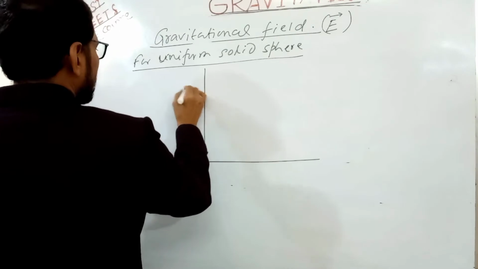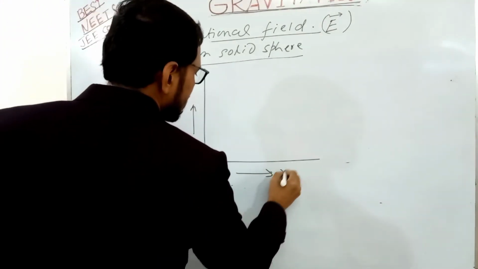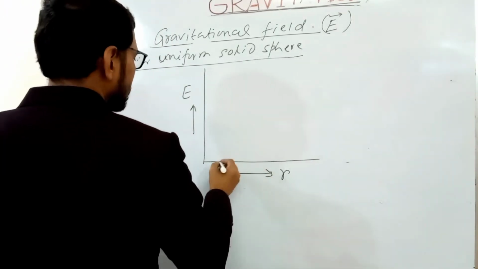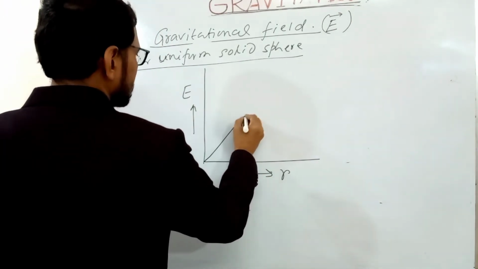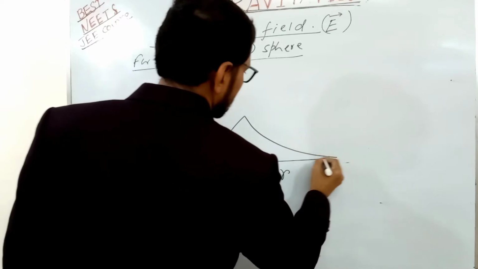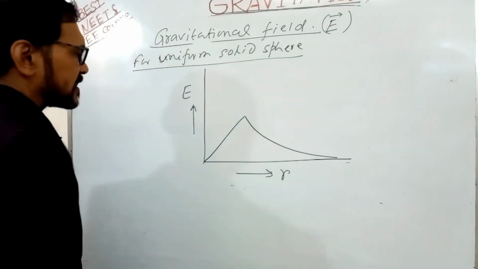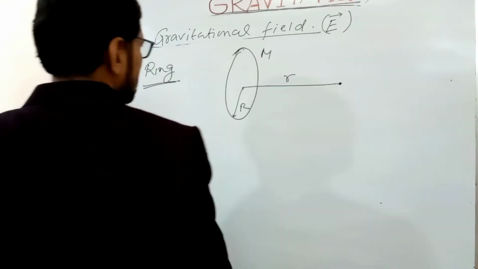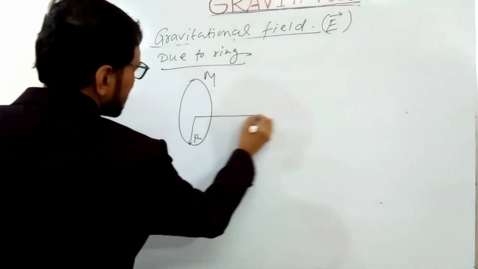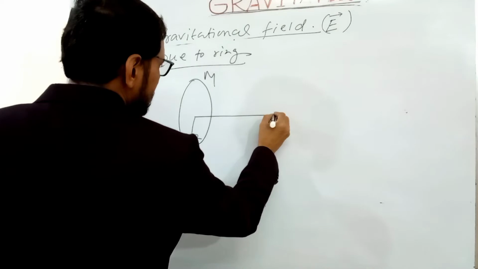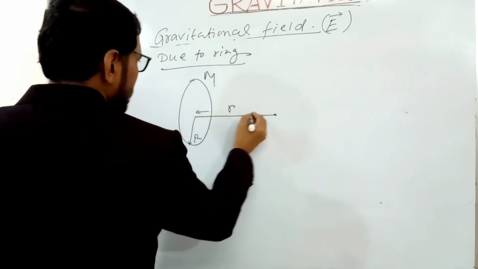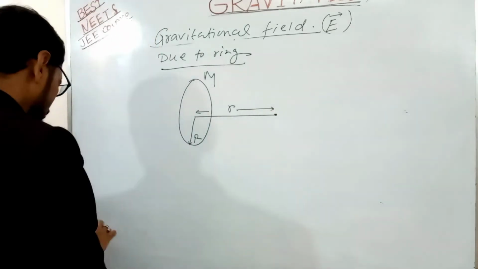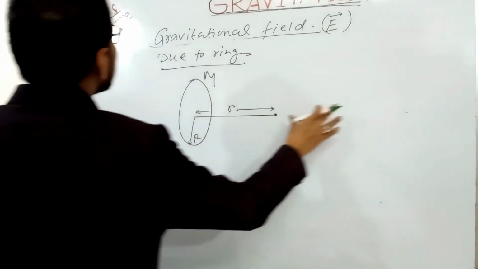If we draw the graph of gravitational field for a uniform solid sphere, then the graph will be first like the acceleration due to gravity for the earth. Gravitational field is a vector. Now what is the gravitational field at this point? Suppose this point is on the axis of the ring and at distance r. To find it you have to remember the formula.